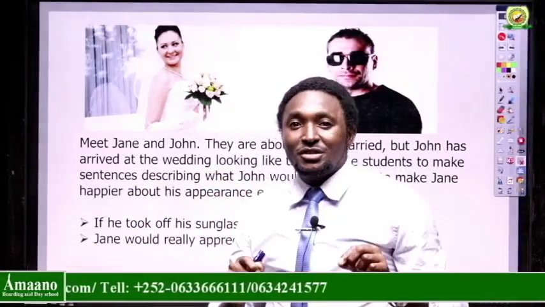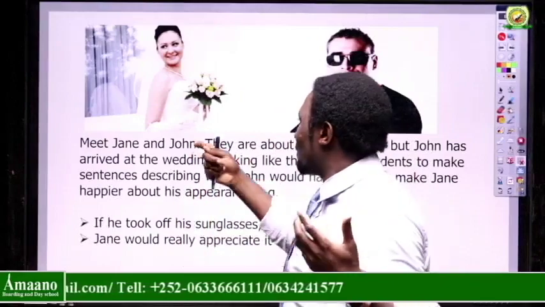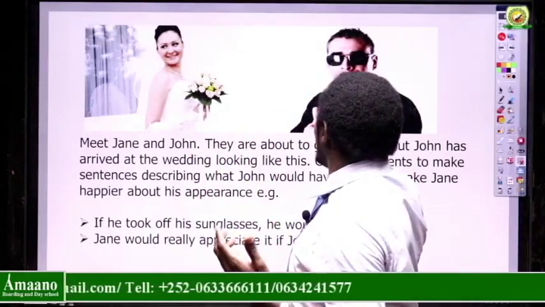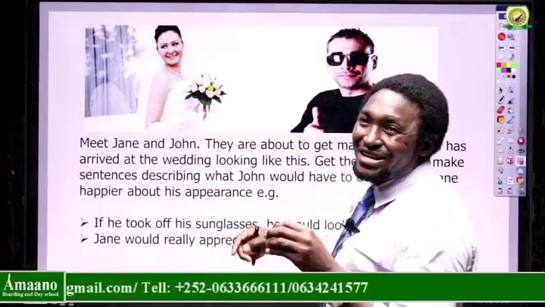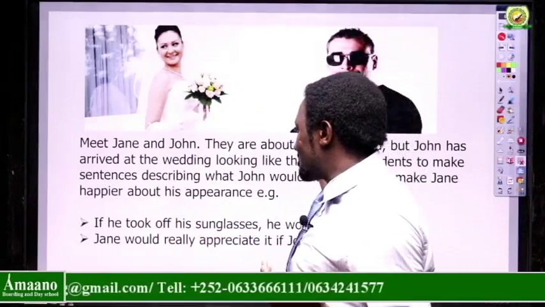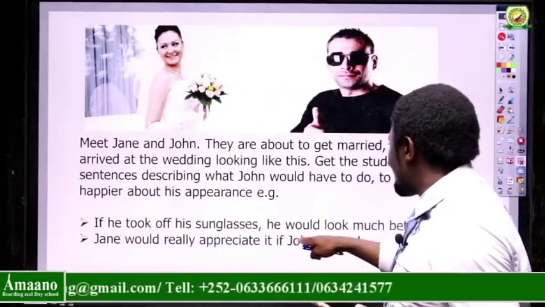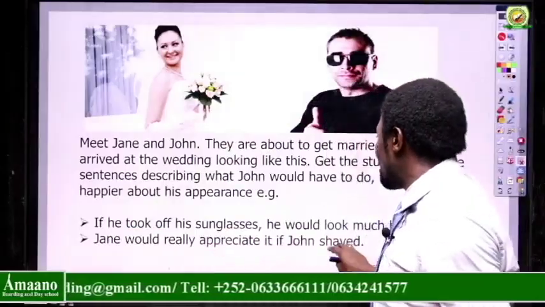Students, you need to figure out what you think John should do, what you think John would have done to make Jane happier instead of coming dressed like this. If he took off his sunglasses, he would look much better. Jane would really appreciate it if John shaved.